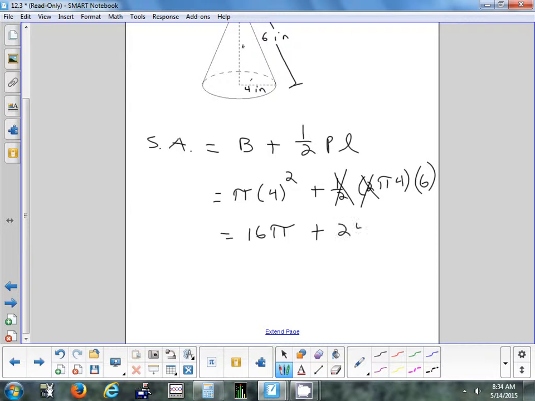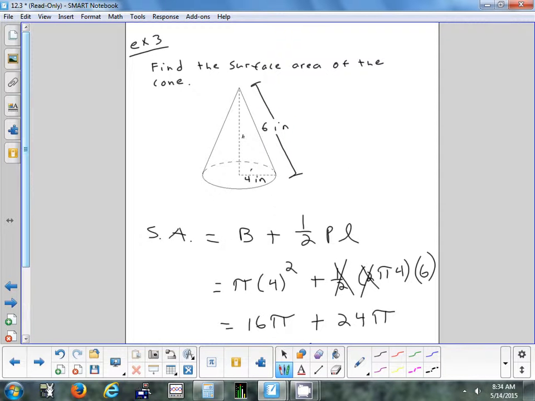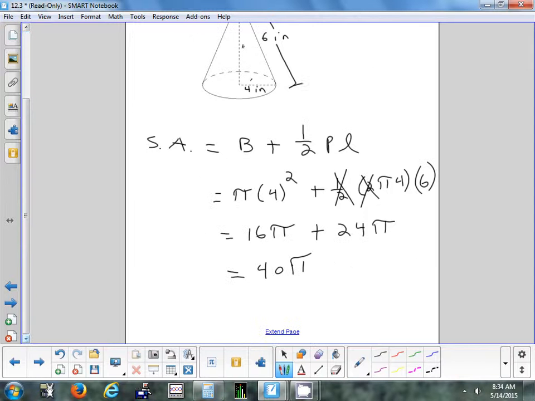Yeah, let's write it as 24 pi. Good. So we get 16 pi plus 24 pi, which is, Olivia, how much? 40. Yeah, 40 pi. Okay, remember what they were asking you to find. Area. So that's 40 pi square inches.